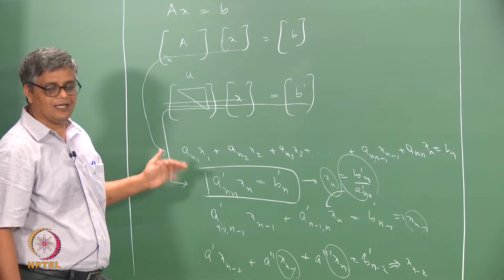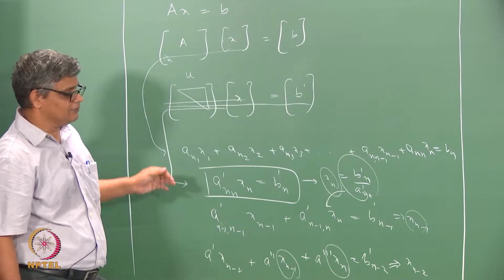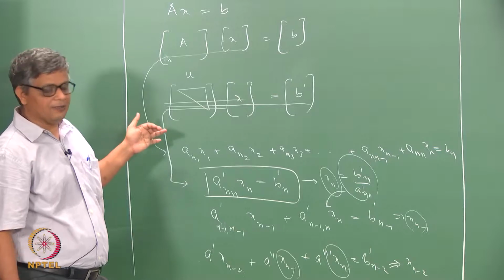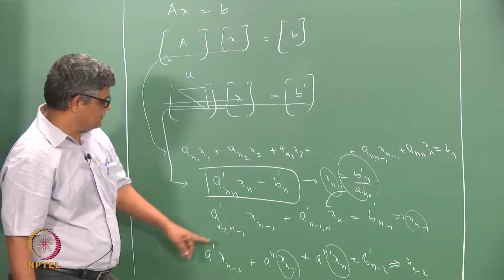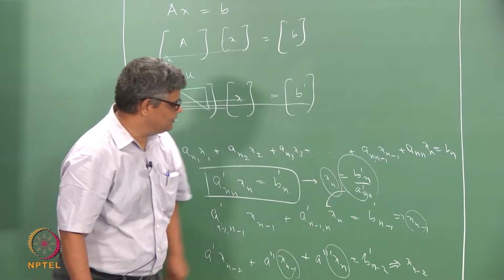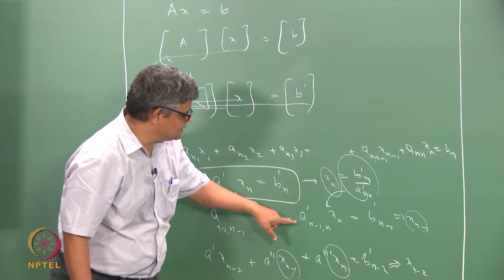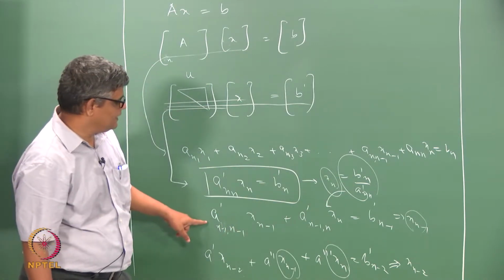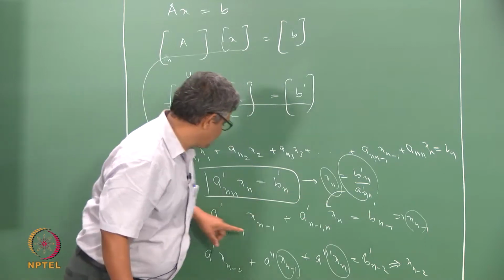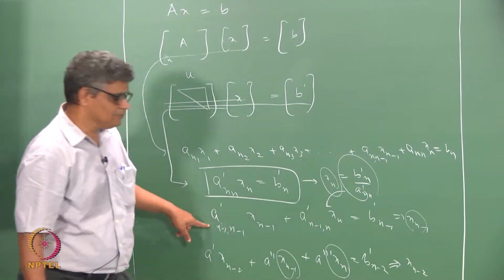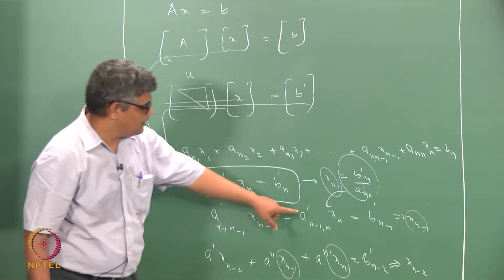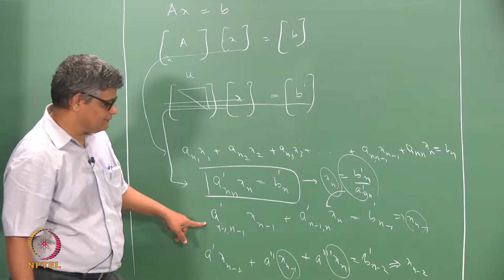So it won't take a large number of multiplications and divisions. For example, here we have one division, and here we have this times this, one multiplication, and then again subtraction of this from this, and then division by this. So you have one multiplication here and one division here.